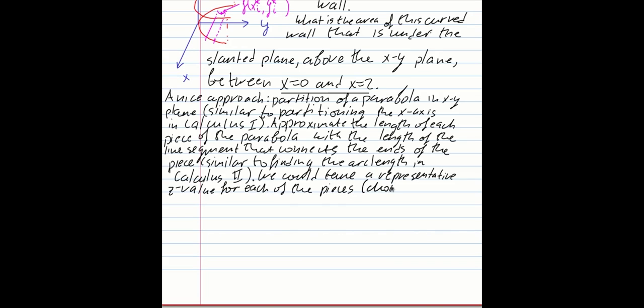So we're going to choose x sub i star, y sub i star for each of the pieces, and calculate f at x sub i star, y sub i star to get the z value.